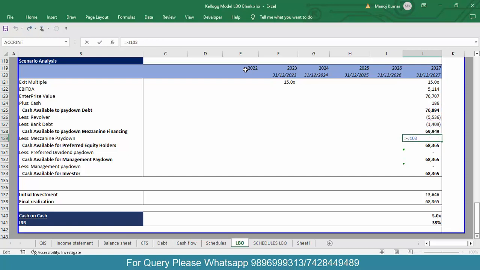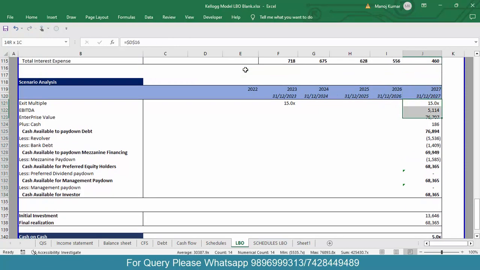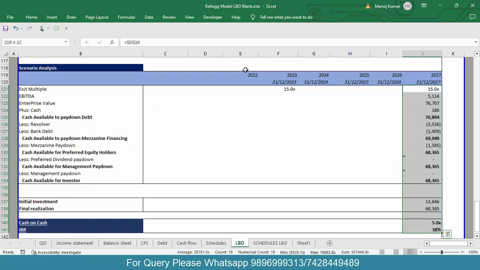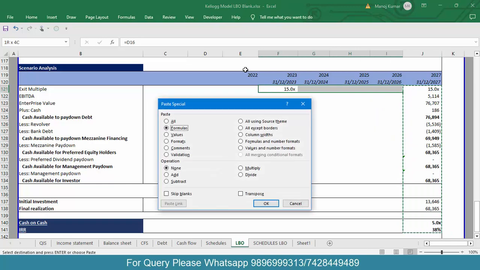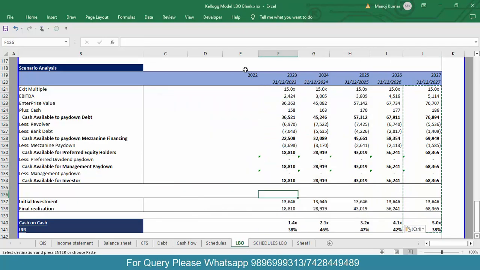I'm just checking that. I think everything is right. Okay, what we can do, simply copy this and come here and paste the formula. Now let me check.